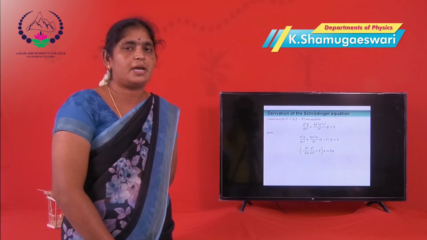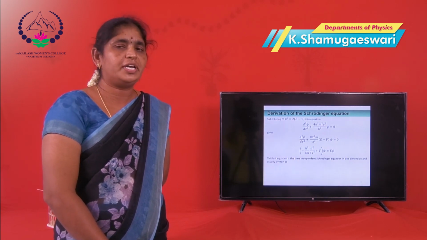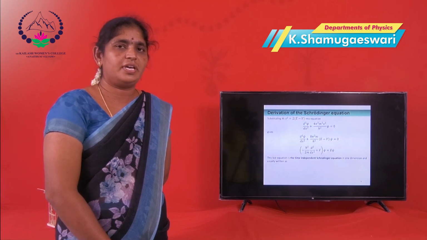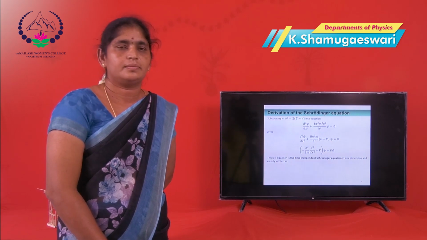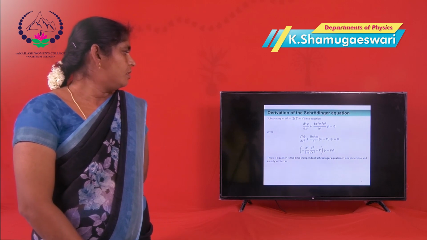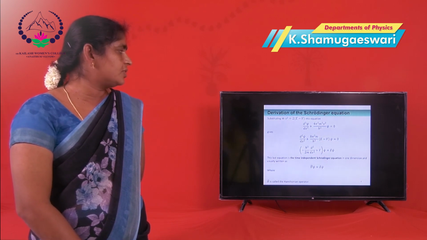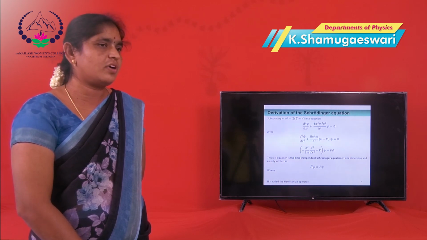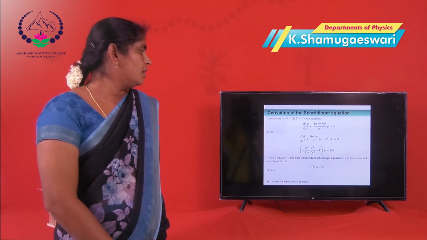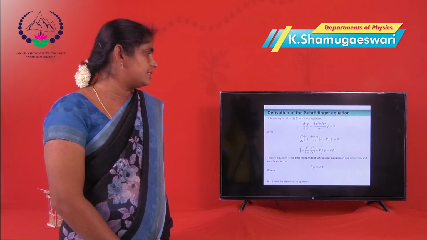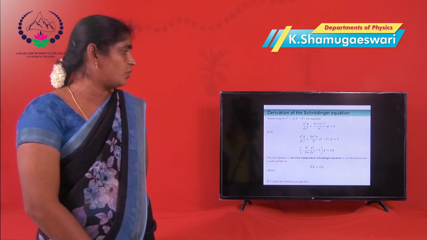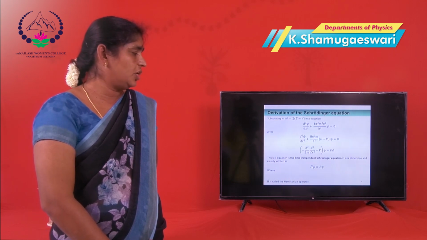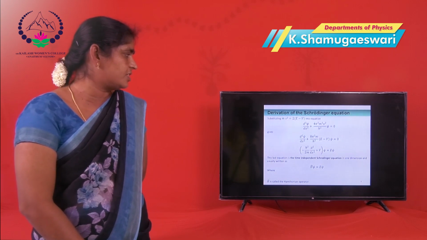Substituting m v square is equal to 2 times (E minus V), where E is the energy and V is the potential energy: d square psi by dx square plus 4 pi square m square v square by h square psi, where psi is the wave function. So d square psi by dx square plus 8 pi square m divided by h square (E minus V) psi is equal to 0, which relates to the Hamiltonian function.